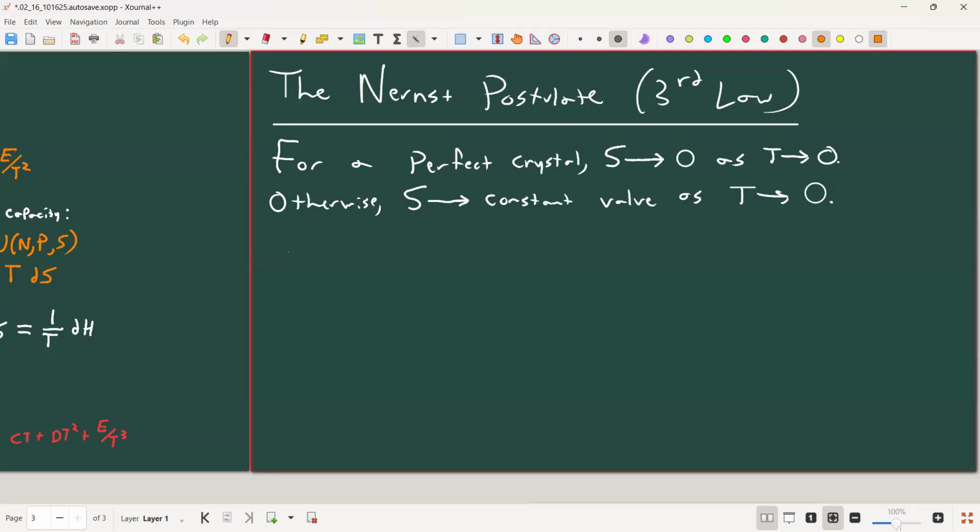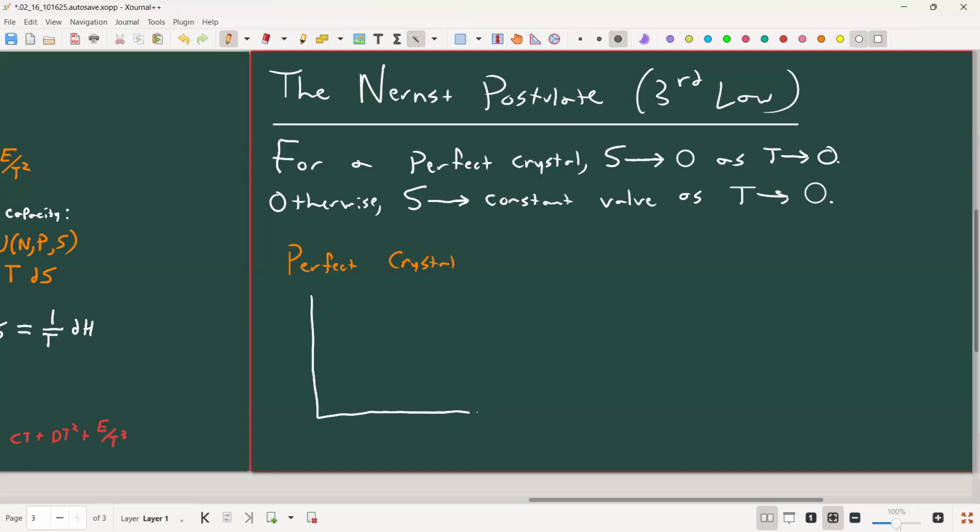So the idea is that a perfect crystal, if we were to plot the entropy as a function of temperature, a perfect crystal would look something like this. As it goes to 0, it goes to some limit.